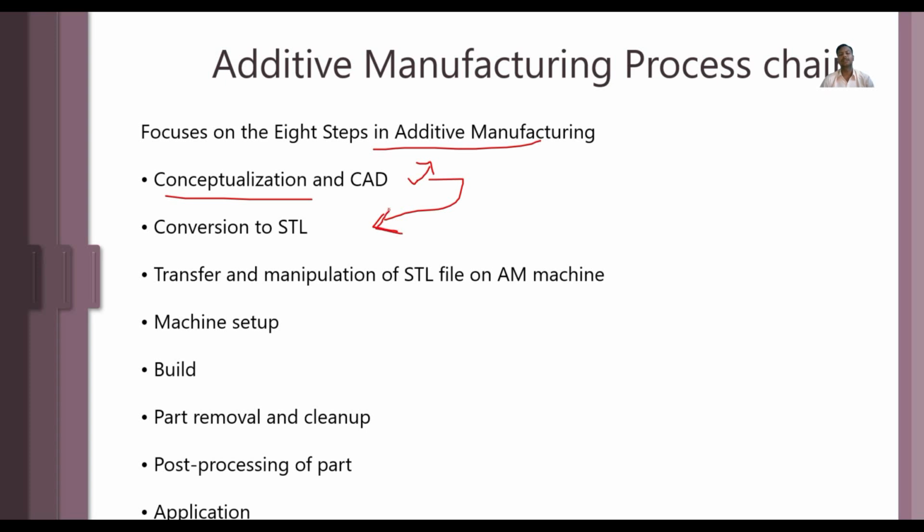The STL file is generally saved after designing. After that, we convert it into G code. The G code from this STL is directly transferred to the additive manufacturing machine.